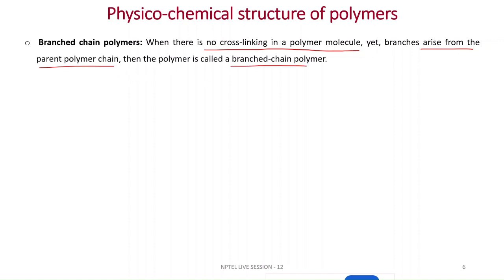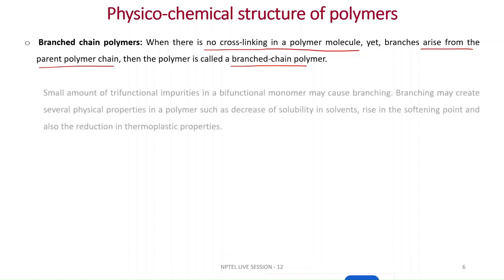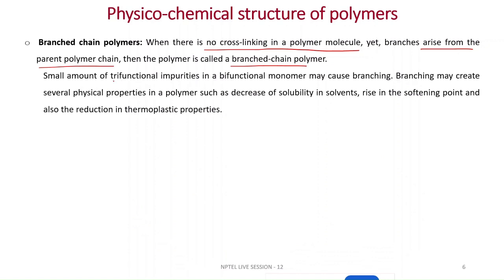Okay, there is no cross-linking, but still there are some branches created on the parent polymer chain. So that polymer is ultimately called a branched chain polymer. A small amount of trifunctional impurities in a bifunctional monomer can cause this kind of branching.